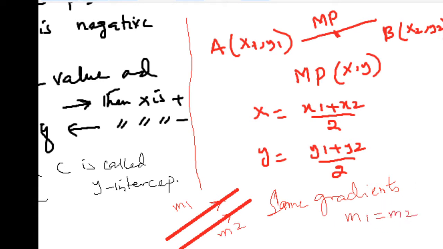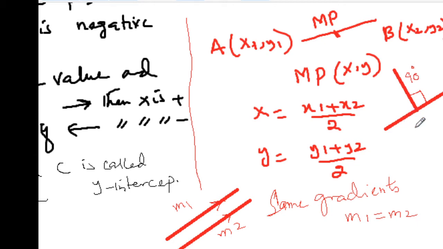Now there are two more lines. I'm making them. There's one line here, and then there's another line here. Look at the angle between them. The angle between them is 90 degrees.